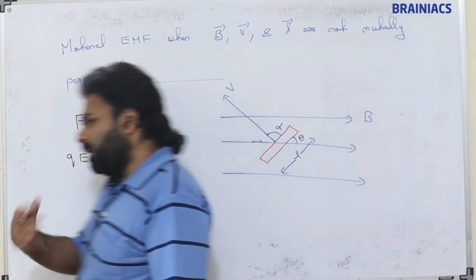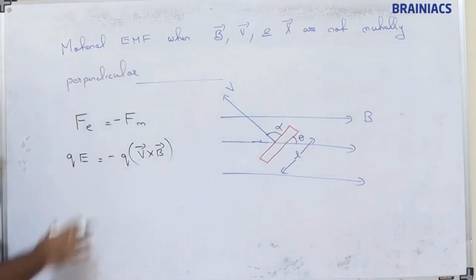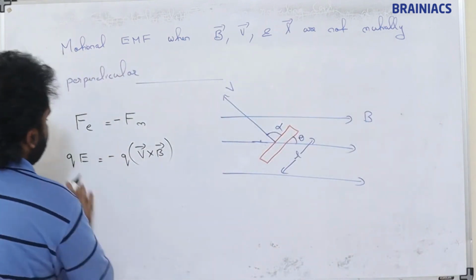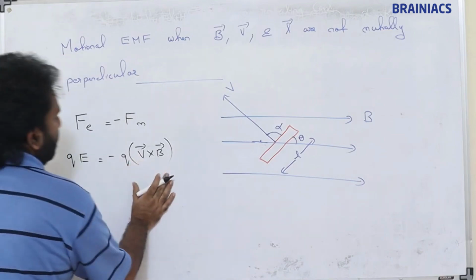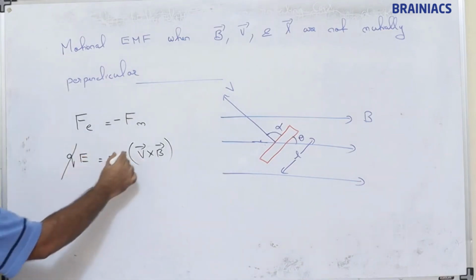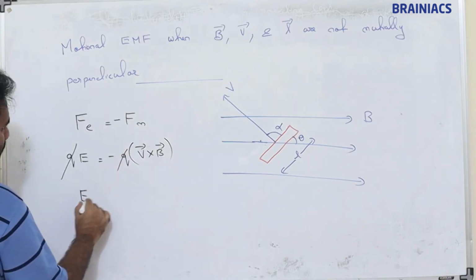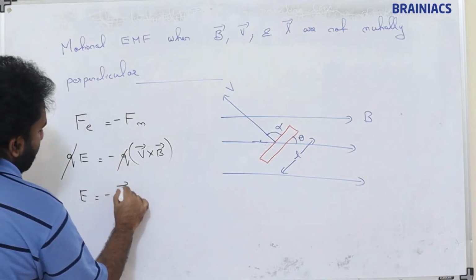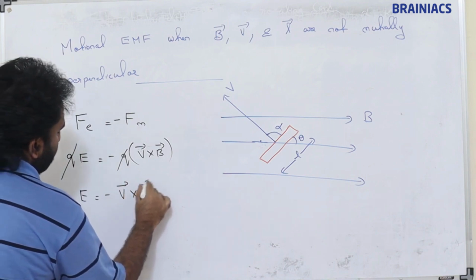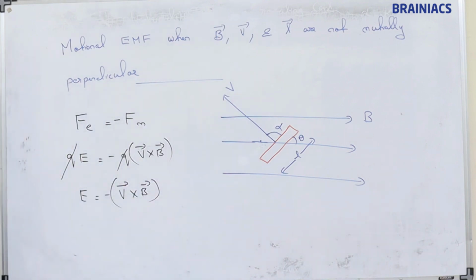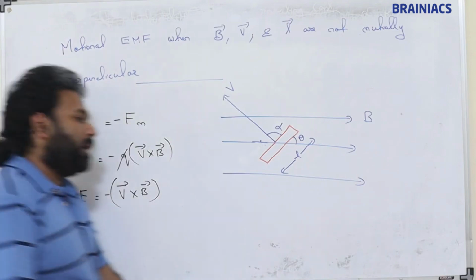Considering all the charged particles, qV will be the force experienced by the charged particles. So we could say that E is equal to minus of V cross B. The electric field will be equal to minus of V cross B.